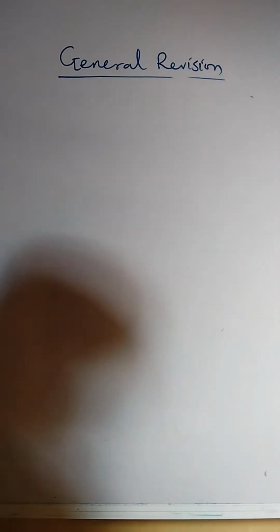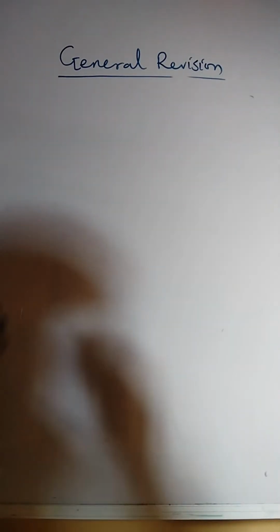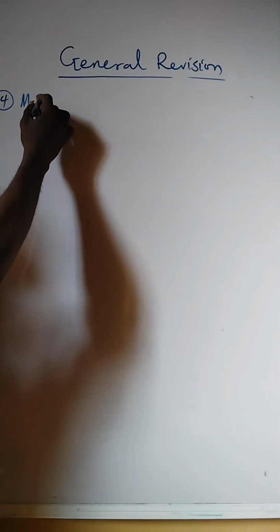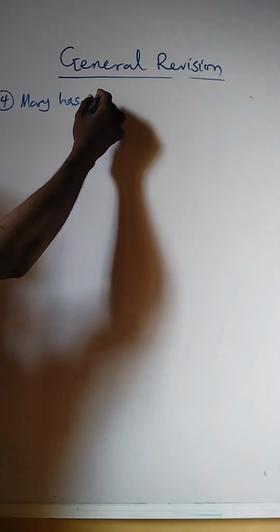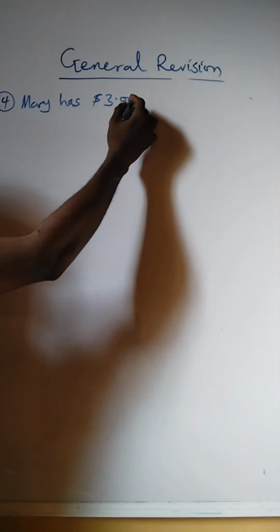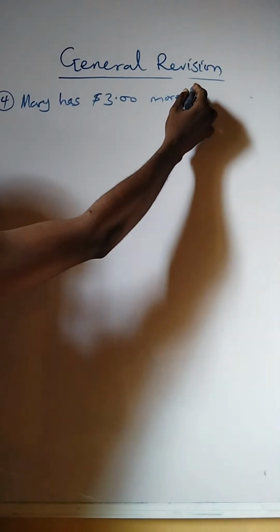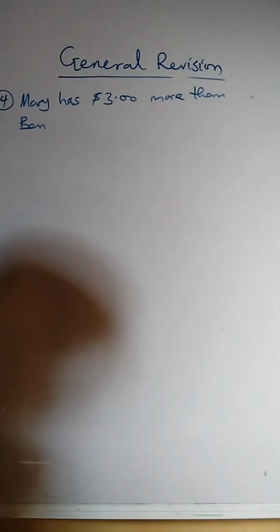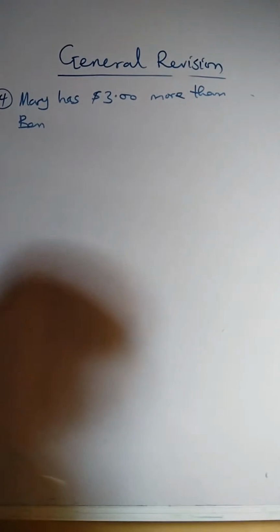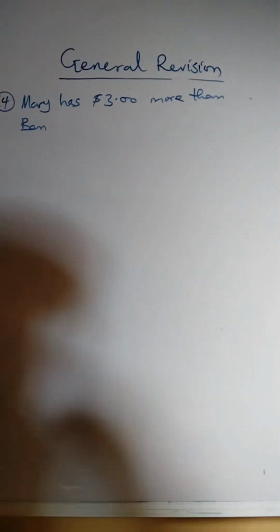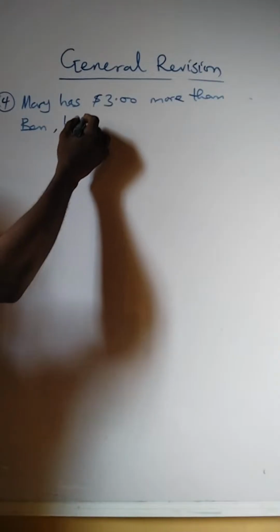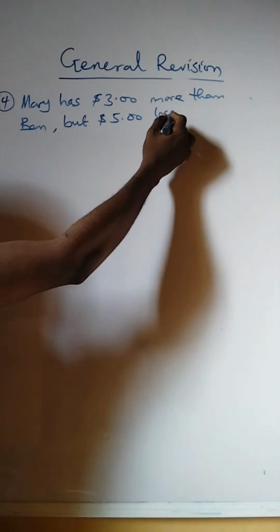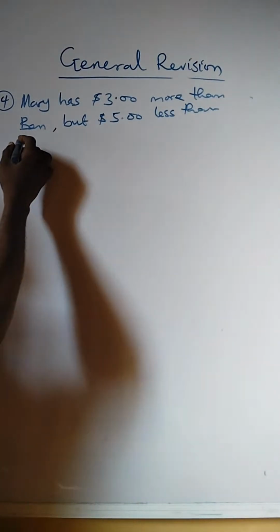The question says, Mary has $3 more than Ben, but $5 less than Jane. Question 4.